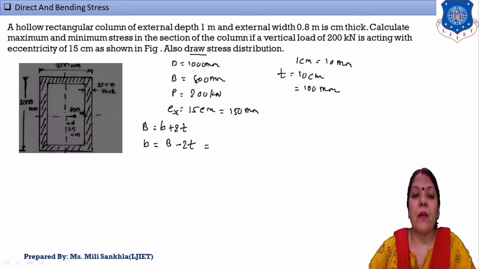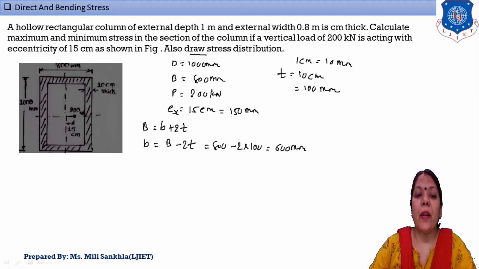Here B is given 800 minus 2 into 100, that means my answer is 600 mm. Next we find out small d. Capital D is equal to d plus 2 times thickness, that means small d is equal to 800 mm.